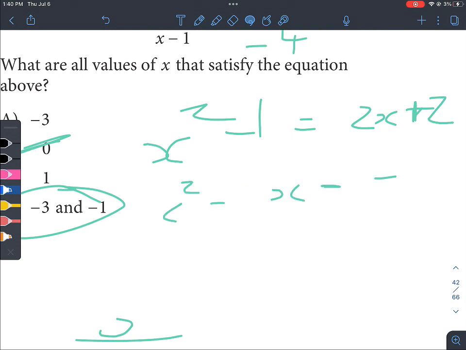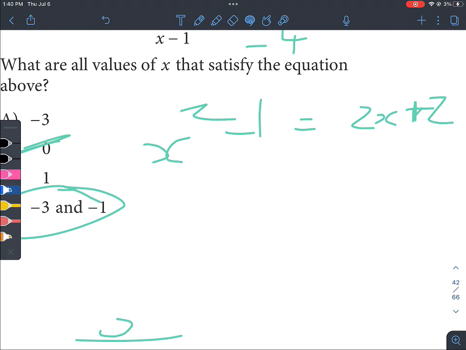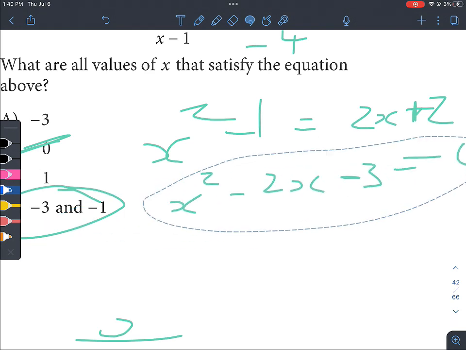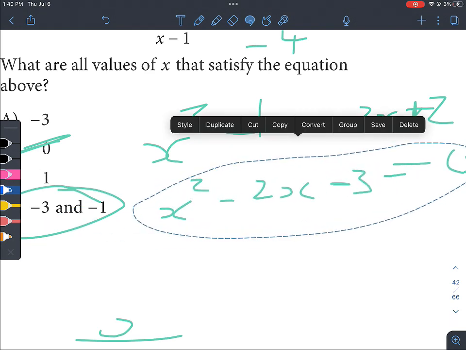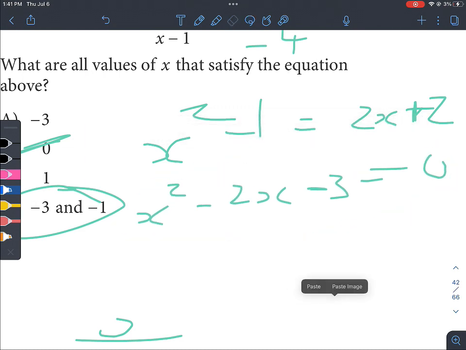Okay, I see the mistake. So I mixed up the 2x and plus 2. I was rushing, so I just did it the wrong way. But it should actually be this. Negative 3x.